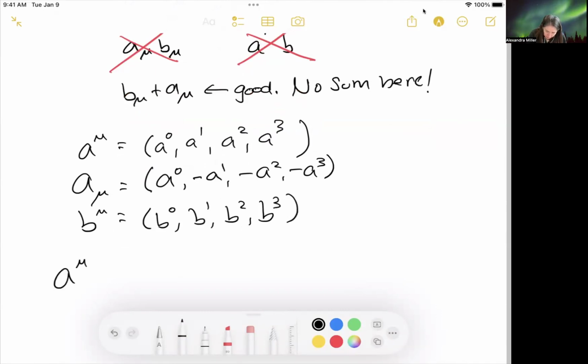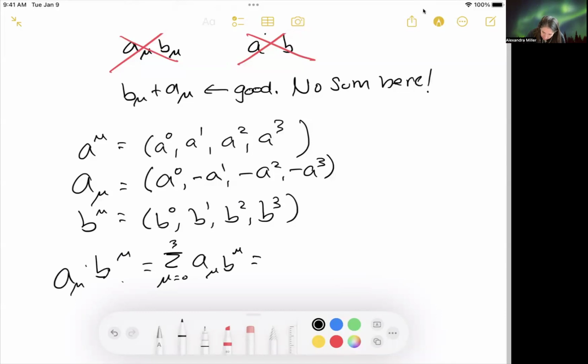Then A lower mu, B upper mu, here again, represents the sum from 0 to 3 of A mu, B mu.